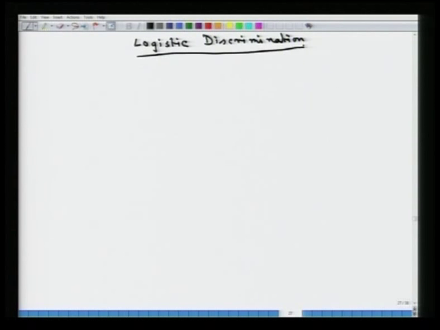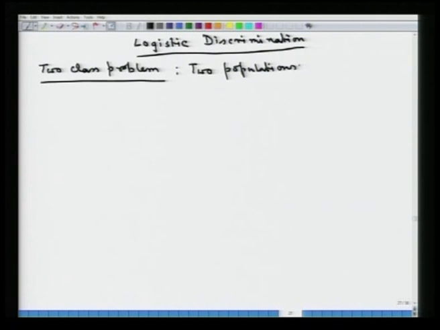To start with a simple problem, let us consider a two-class problem, meaning we have two populations, namely pi 1 and pi 2.